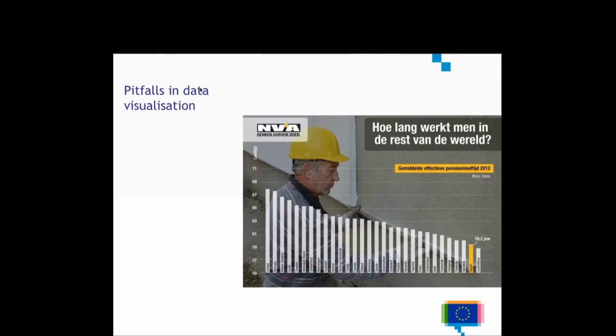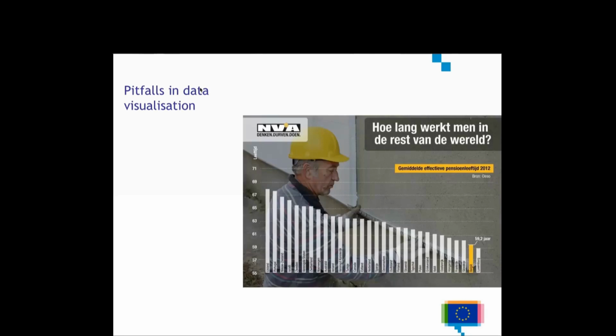So what you see here is the effective retirement age for different countries, and on the left you have Iceland, which has the highest age at which people retire, and the bar marked in yellow is the bar for Belgium, and you can see that the retirement age for Belgians is a lot less than what it is in Iceland.